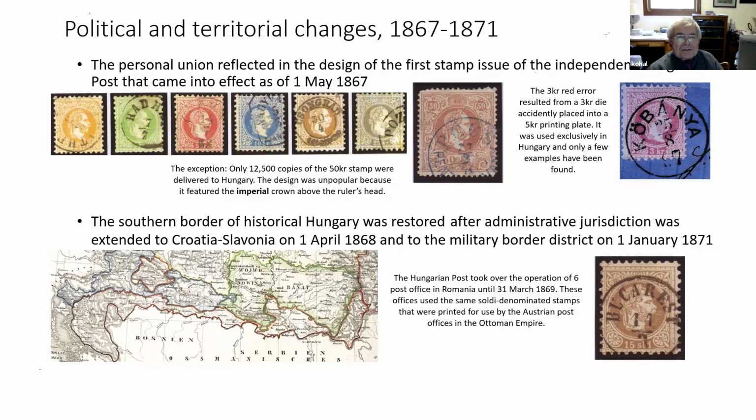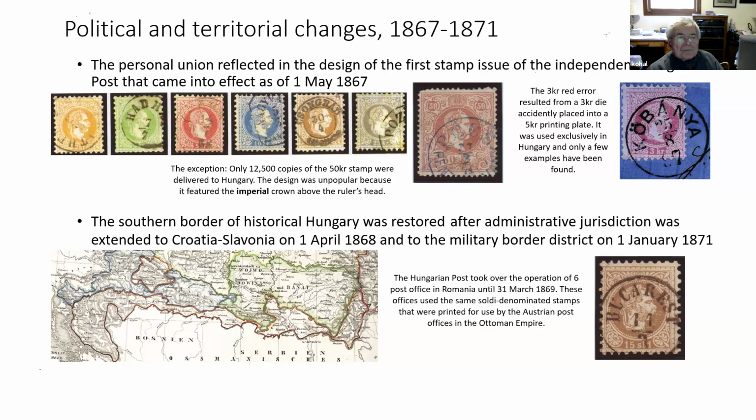Now, as far as the territory of the country was concerned, the compromise did not actually restore the borders that were prior to 1850.